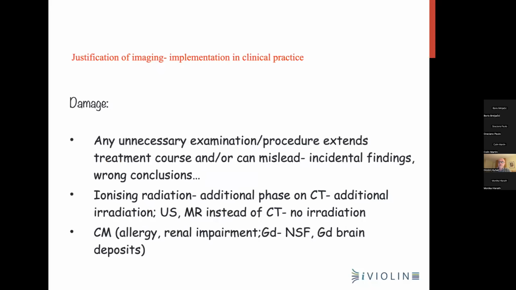What is damage? Any unnecessary examination or procedure extends the course of treatment, and we can even find incidental findings, and we can get to the wrong conclusion. An additional phase on CT means additional irradiation.